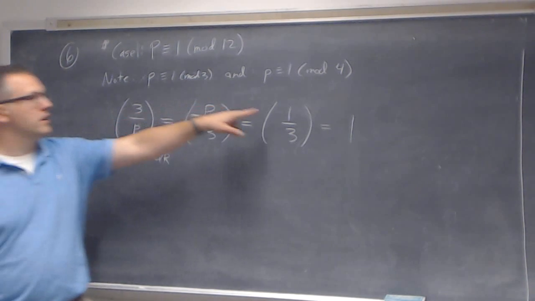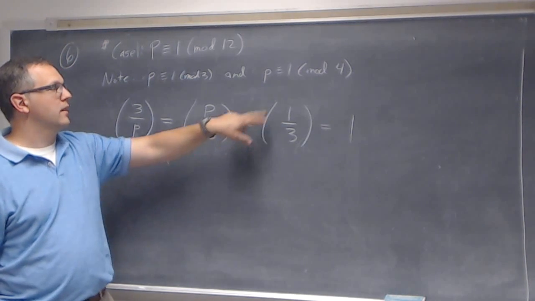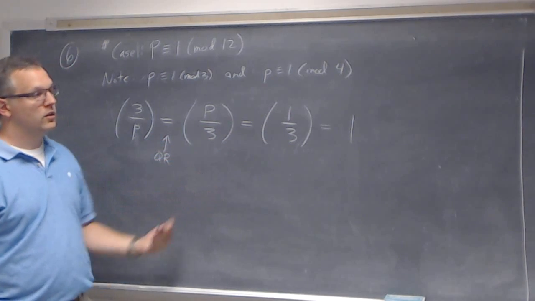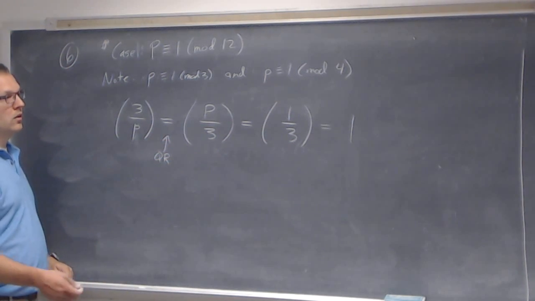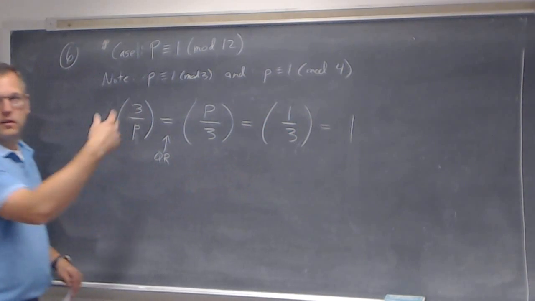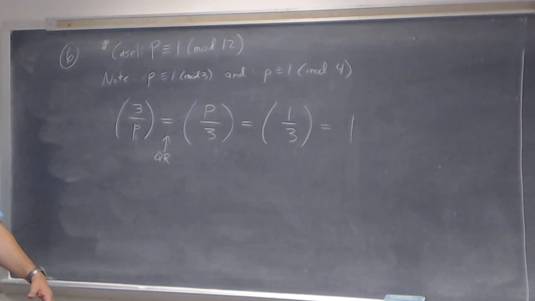And then when you replace P with its residue 2, you'd have minus, and then the Legendre symbol of 2 over 3 is negative 1, because 2 is not a quadratic residue mod 3. So you get negative 1 times negative 1, and it gives you plus 1 again. That's the way the other cases go. Does that make sense?